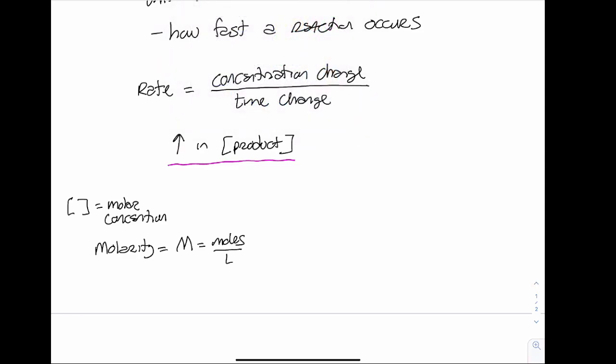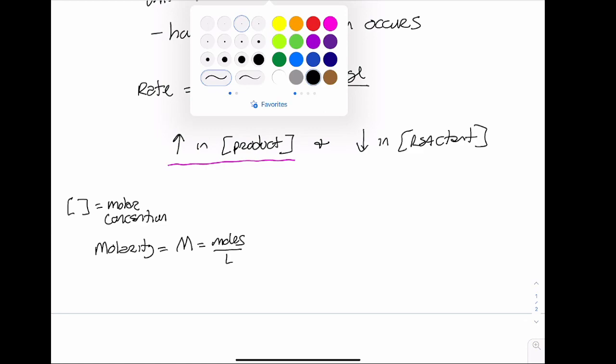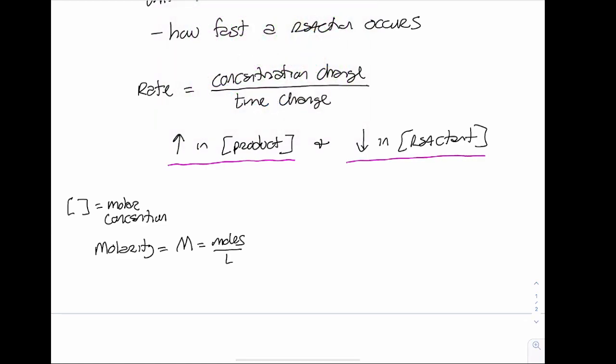Or we can have a decrease, and actually it's not even an or, it's an and. As my reactants form products, products increase and reactants are going to decrease. So a decrease in reactant concentration. So we'll actually look at both of these.